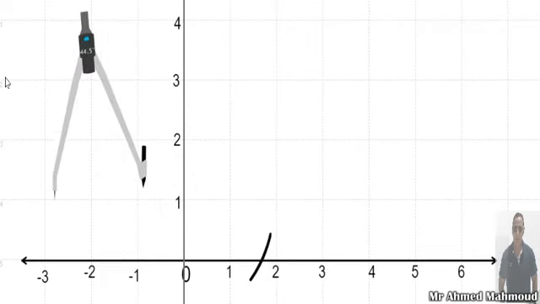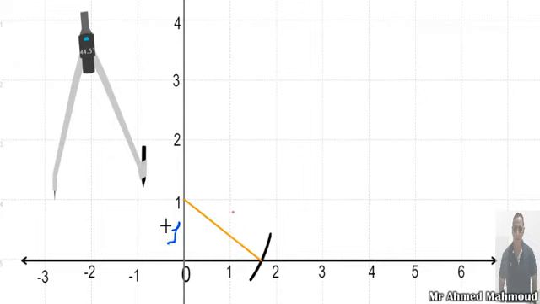Here we have the triangle, its height equals 1.